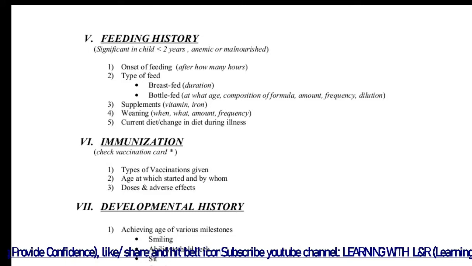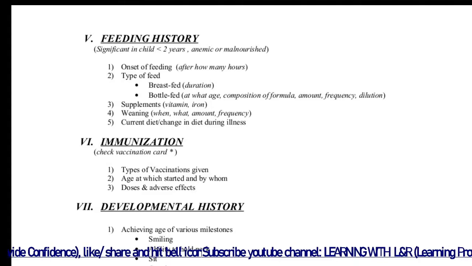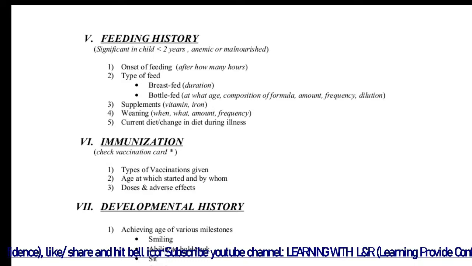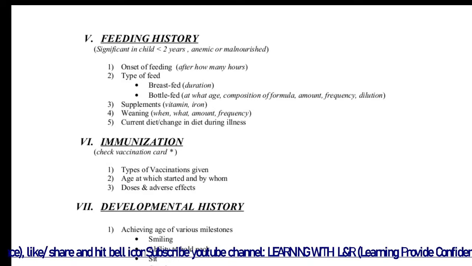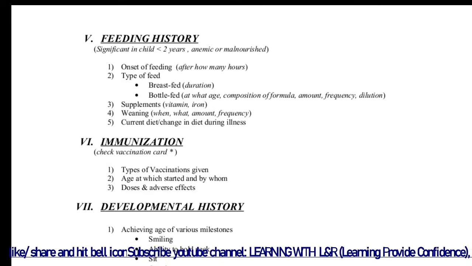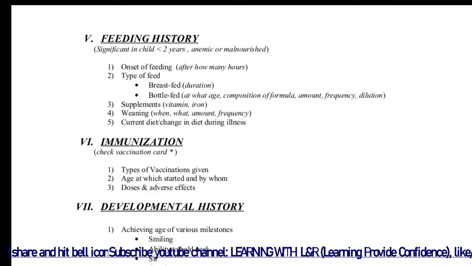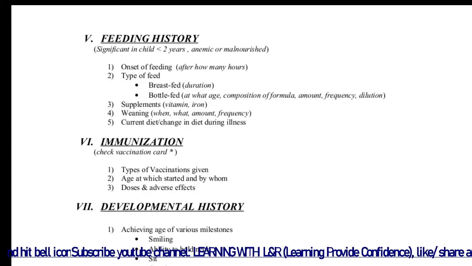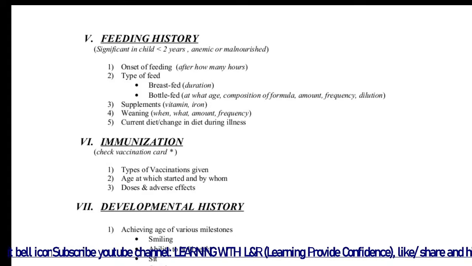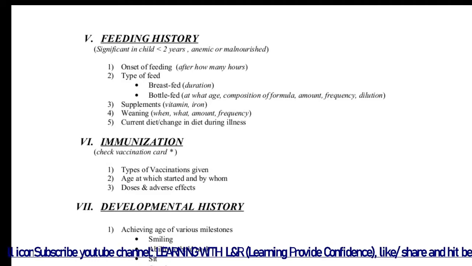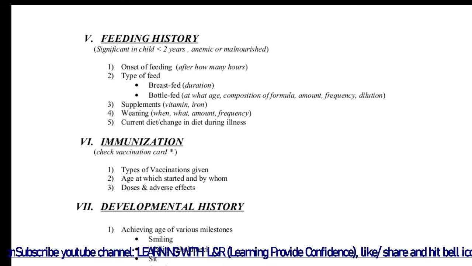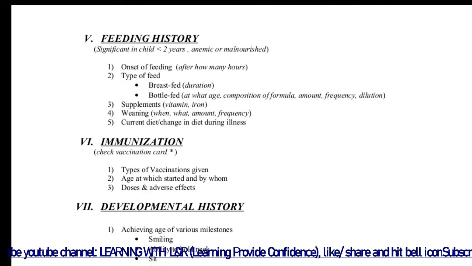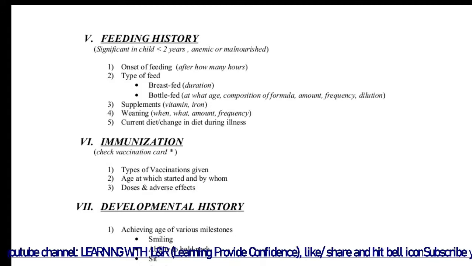Onset of feeding, after how many hours of the delivery start the feeding, type of feeding, breastfeeding and the duration of that, bottle feeding if present, then at what age they start the bottle feeding, composition of formula which given to the child, amount of feeding, then frequency, dilution, then supplements, any kind of vitamins, iron, weaning, if started, when started, what they give to the child, amount and frequency, then current diet, any change in diet during illness.